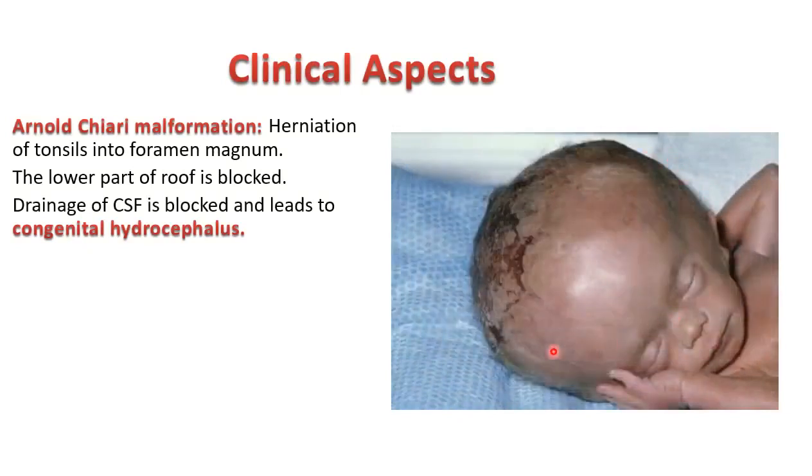The CSF is completely blocked and accumulated, and it leads to increased intracranial pressure. The increased intracranial pressure slowly might compress the nervous tissues, and it might lead to so many complications. So that is called the Arnold-Chiari malformation.